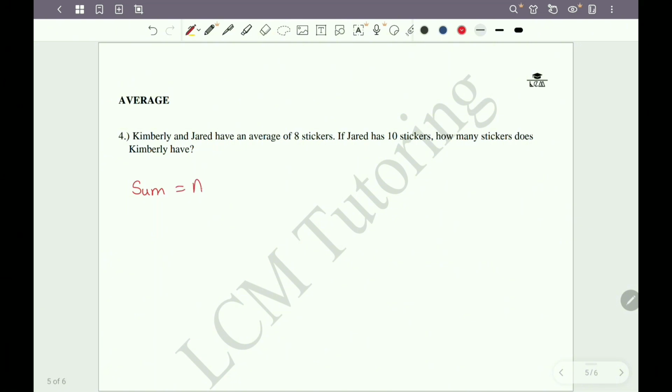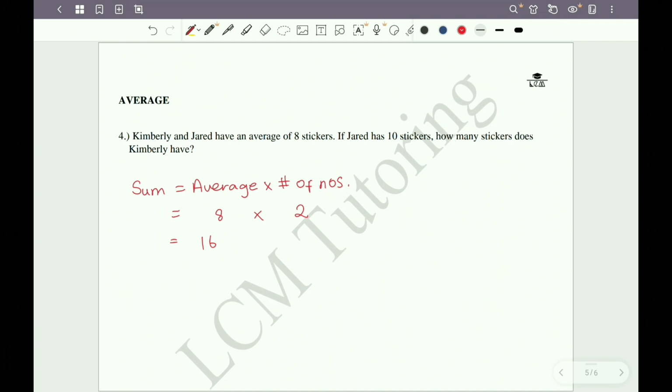So the sum would be the same formula from before, the average multiplied by the number of numbers. And that's going to be 8 multiplied by 2 because we have 2 people, which is 16 from our times tables.